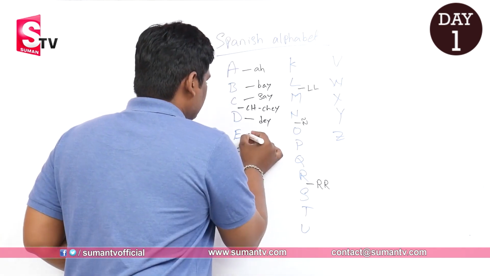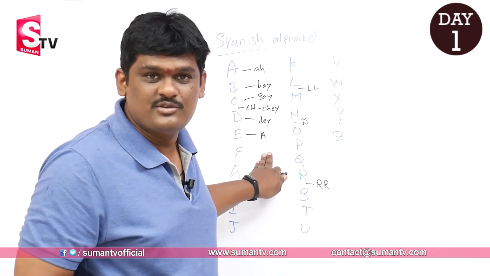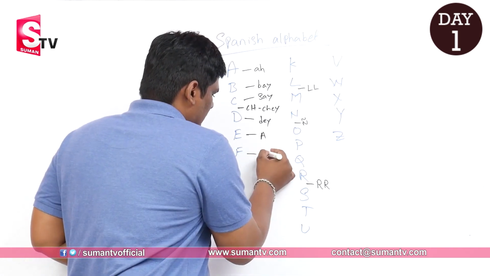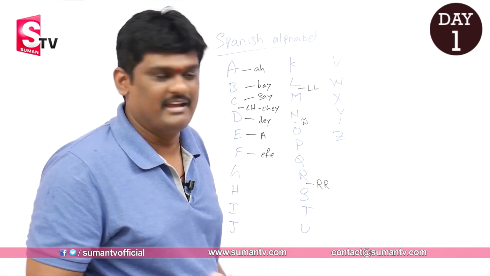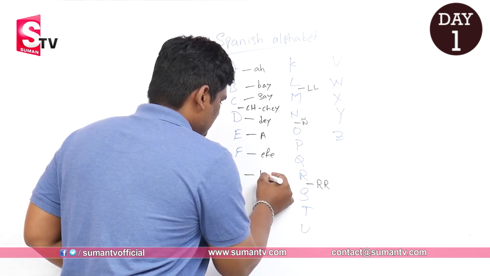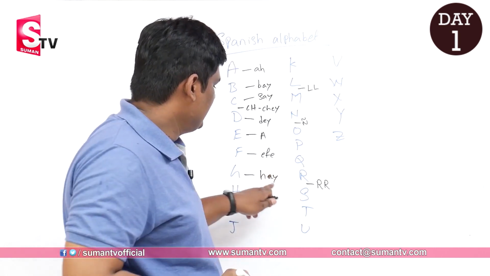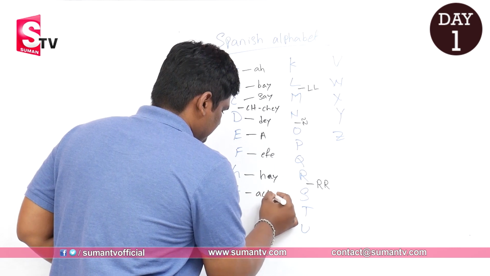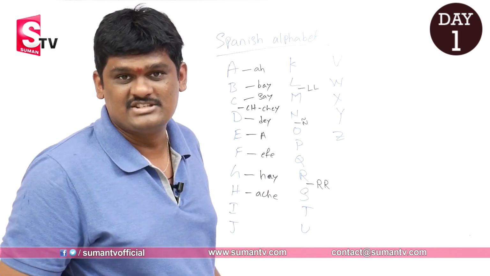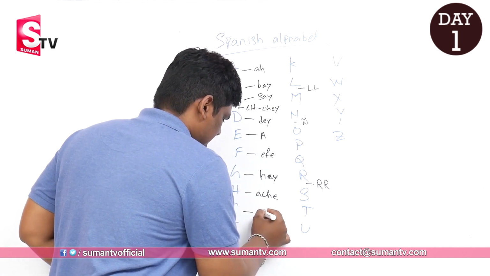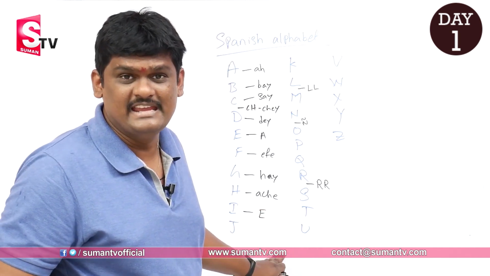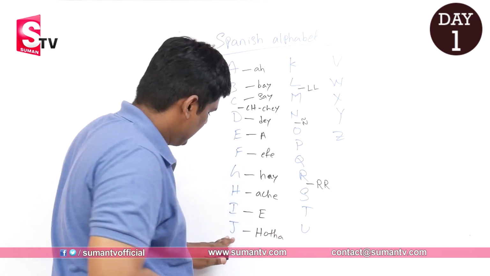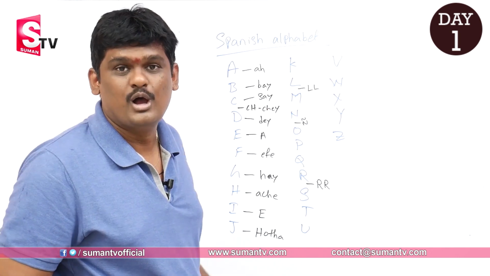D. E is pronounced as A. F. G. H is Ache. I is pronounced as E. J is pronounced as Hota.